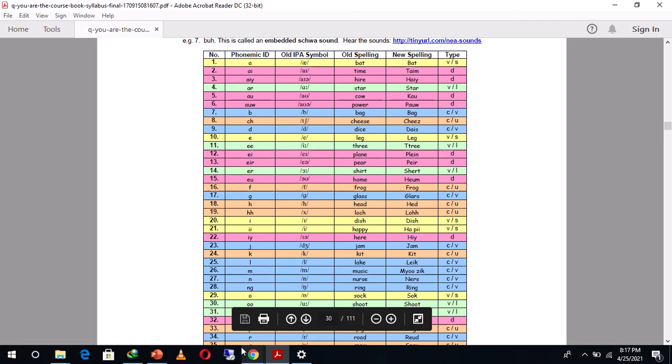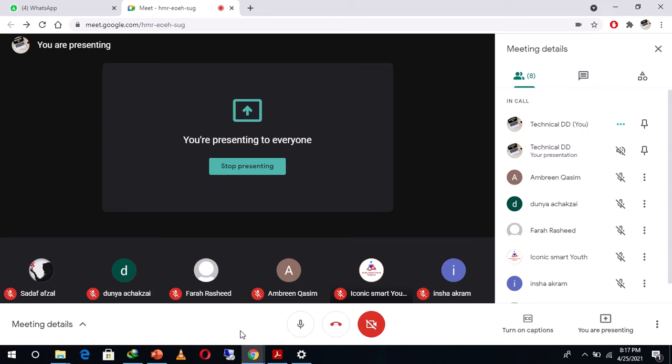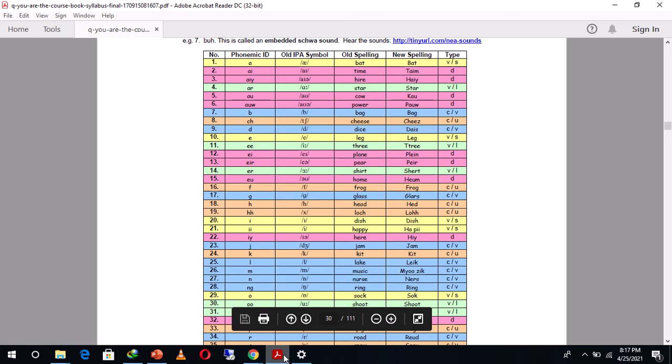Okay. So let's see how the sounds are being produced. First of all, there is a sound, like uh, it is used in bat, a, bat. So that is a vowel, and that is produced short, a.